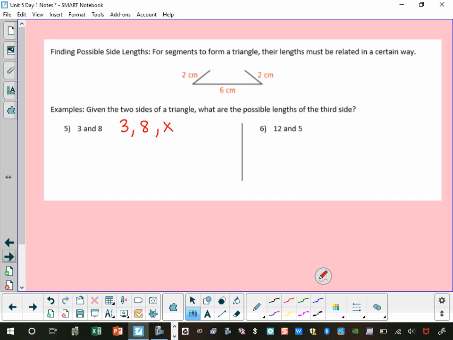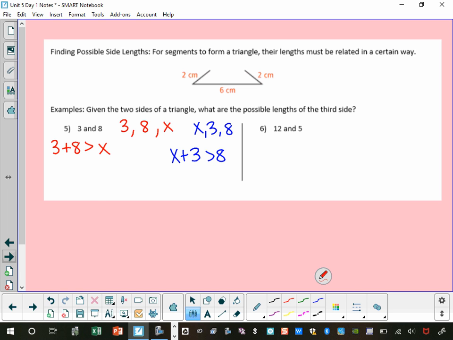If I take my two lowest numbers and add them together to see if they are greater than x, that's one option. My second option is, what if x was my smallest number? They didn't tell me what x was. All they did was say, you have these two sides with the possible third side. So in this case, we would have x plus 3 and see if it's greater than 8.